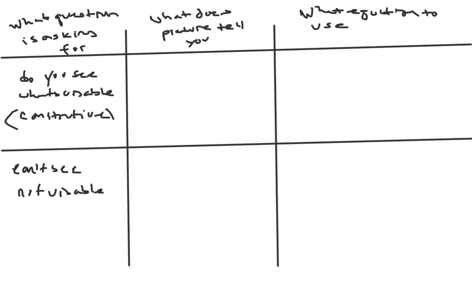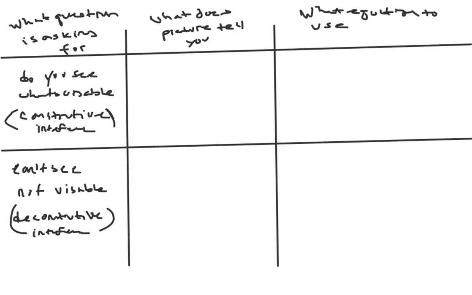And when things aren't visible, they've gone through destructive interference. So for constructive, the question is saying, what do you see? What's visible?